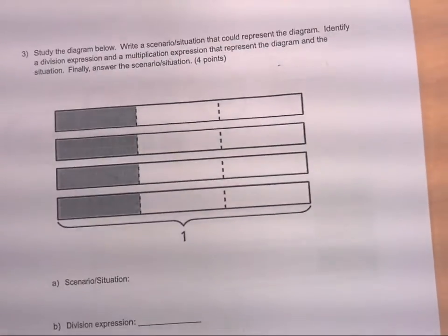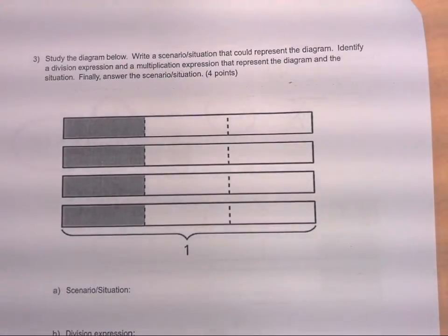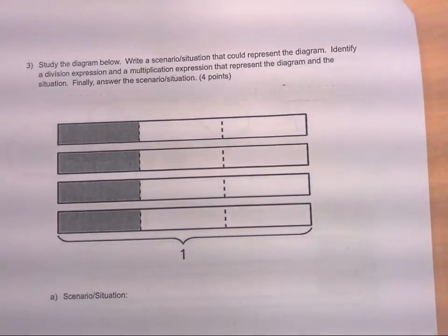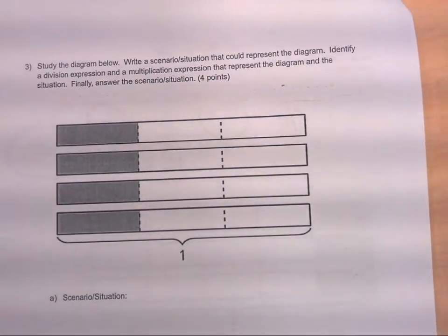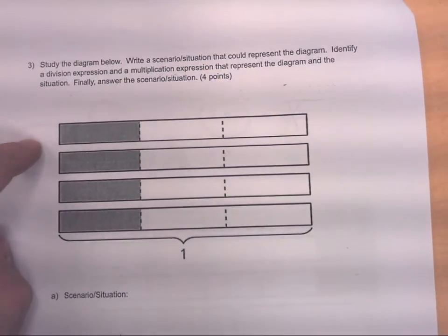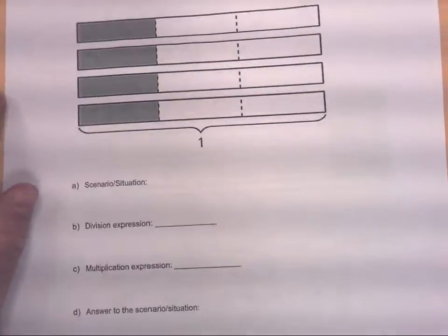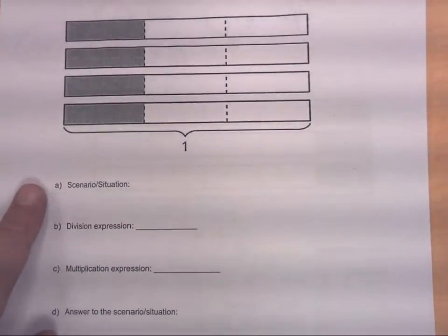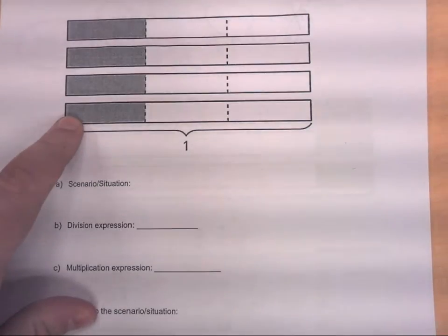So we have a similar looking problem. We have a diagram, but we're asked to do a little bit more than we were in the last problem. So after studying this diagram, students are asked to do 4 things. They need to write a scenario or situation that represents the diagram.